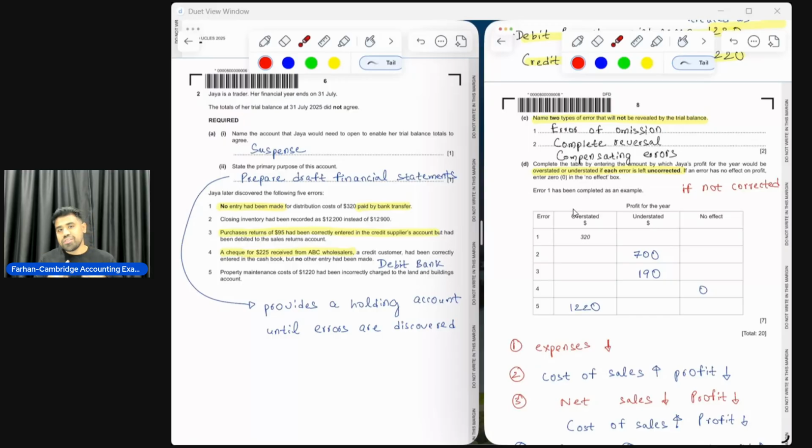So while we were supposed to debit rent, which is an expense, our bookkeeper ended up debiting another expense account, which is the wages account, right? So this is what we can classify as an error of commission, where we have the same classification but wrong account. And that is also something that the trial balance can't figure.